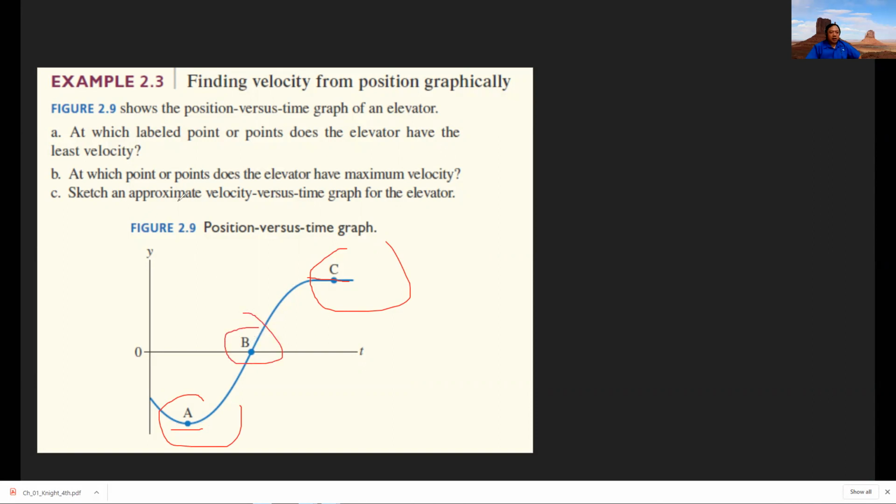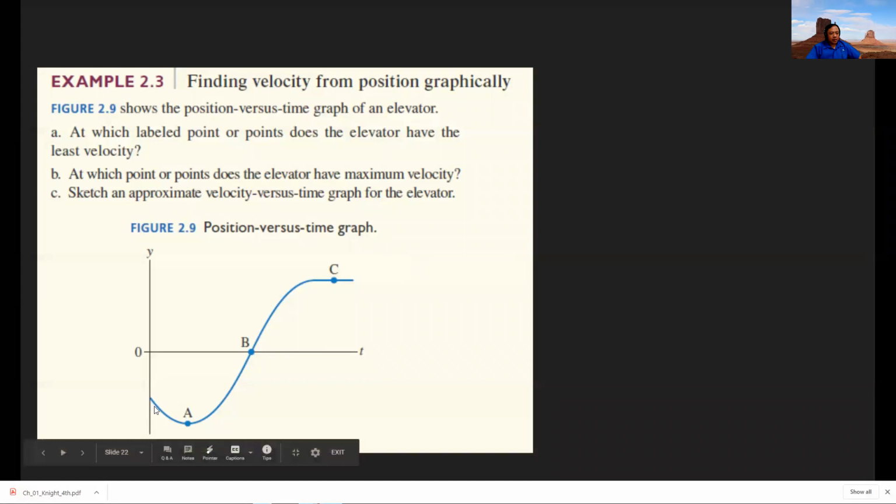And then sketch an approximate velocity versus time graph for the elevator. If you sketch that graph of velocity versus time, it starts here, negative. This is negative velocity because it's a negative slope, then zero, then positive velocity, maximum, then it keeps on decreasing until zero. So the correct answer for that will be shown here.